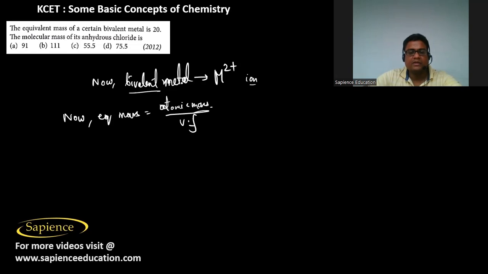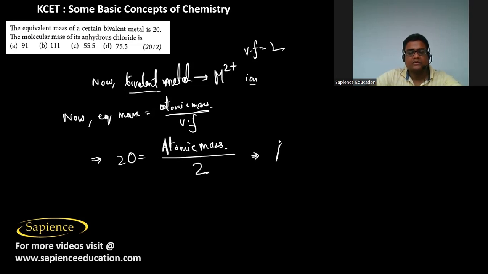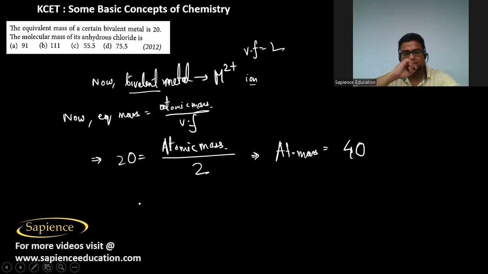Here it is bivalent, so its valency factor is 2. The equivalent mass is given as 20. So 20 equals the atomic mass of this metal divided by the valency factor, which is 2. Therefore the atomic mass of the bivalent metal is equal to 40.